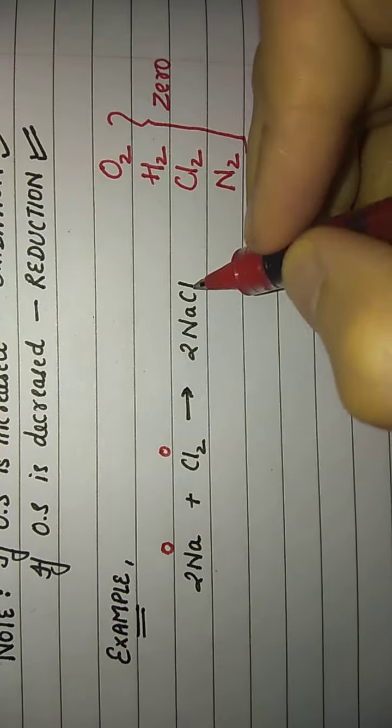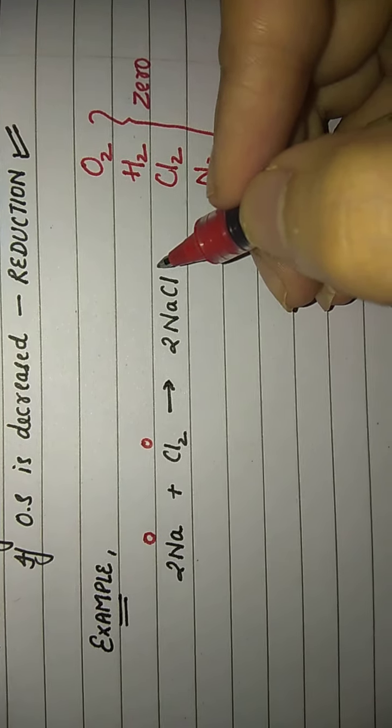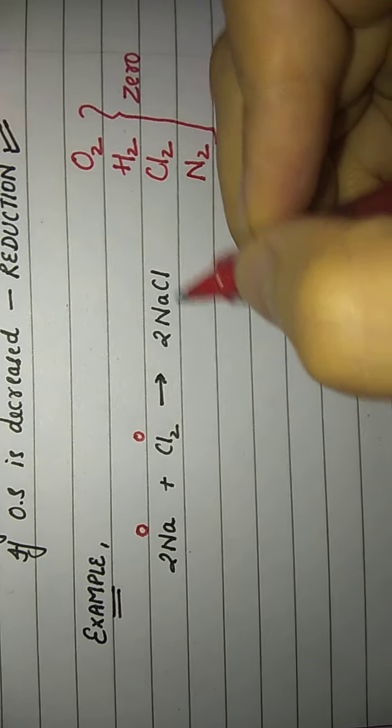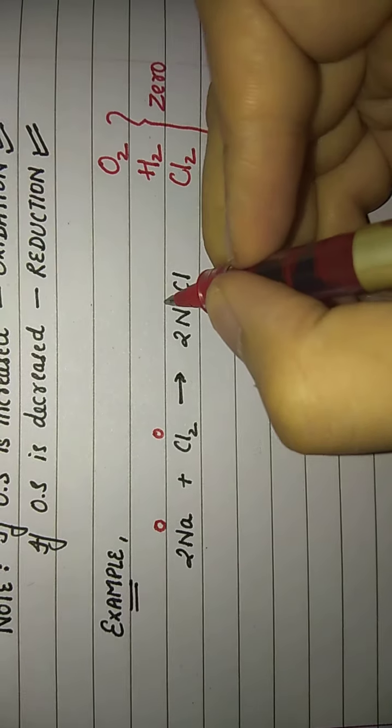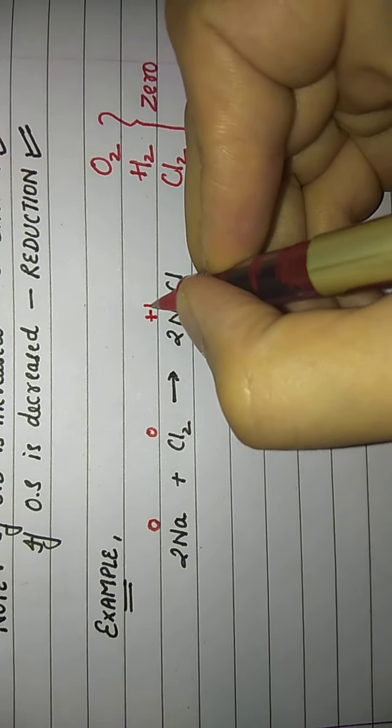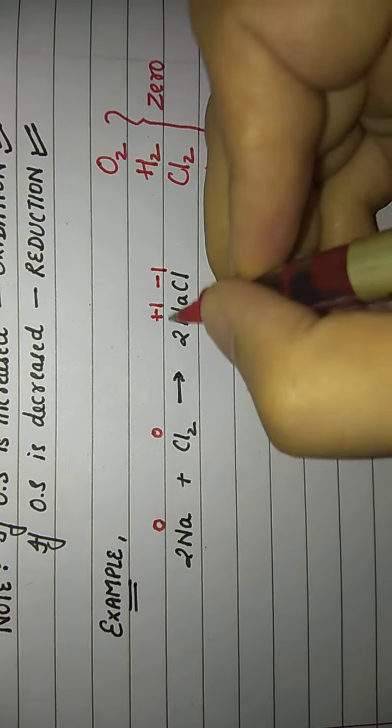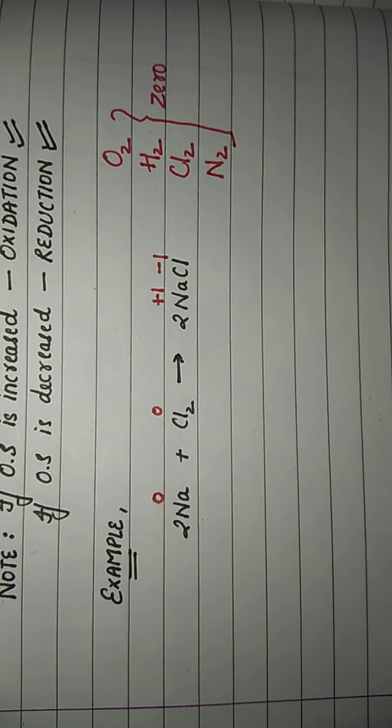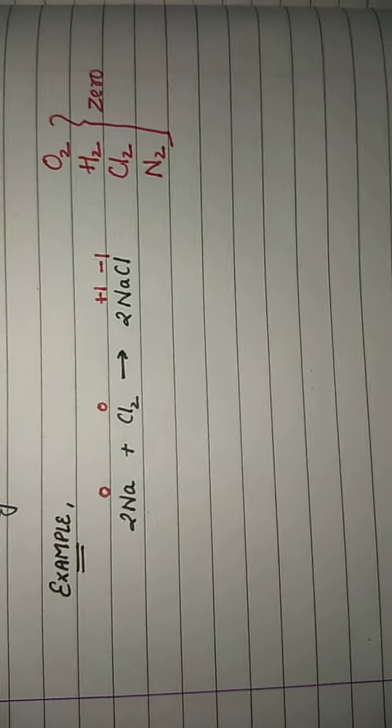But in the sodium chloride molecule, we know this is an ionic compound, and we have already covered the formation of ionic compounds in class 10, that sodium exhibits a charge of +1 while chlorine exhibits a charge of -1, which cancel out, giving a net charge of 0.